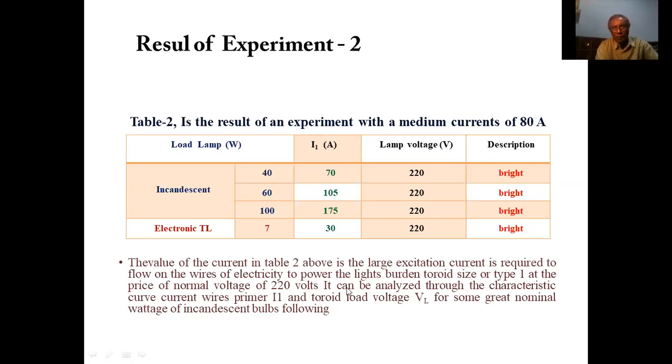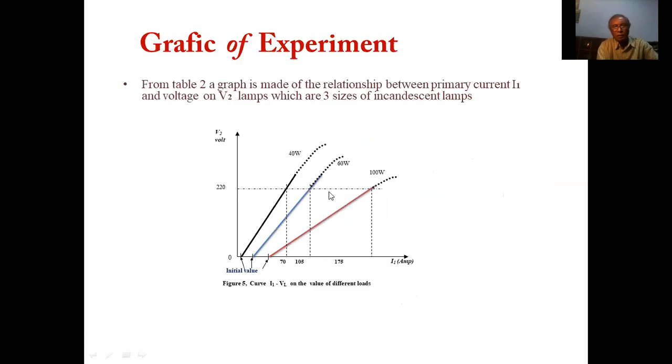It can be analyzed through the characteristic curve of primary wire current I1 and the load voltage VL for some grid and nominal voltage. This is the characteristic from the experiment in the table above.